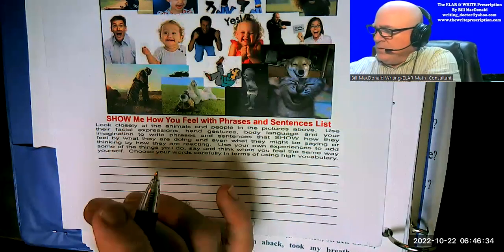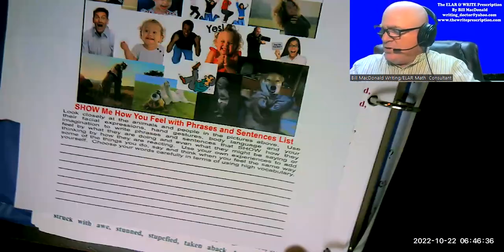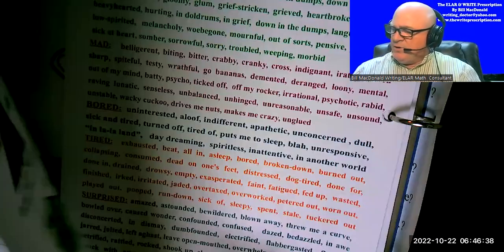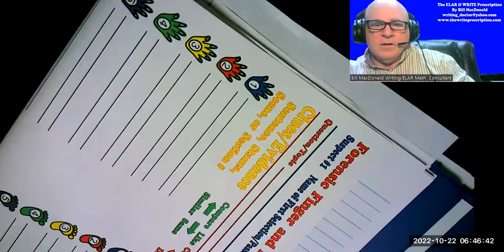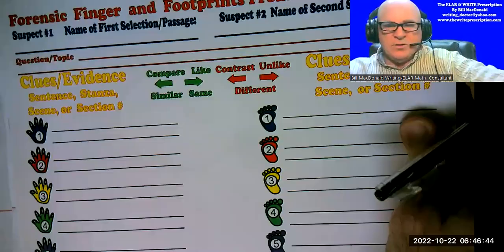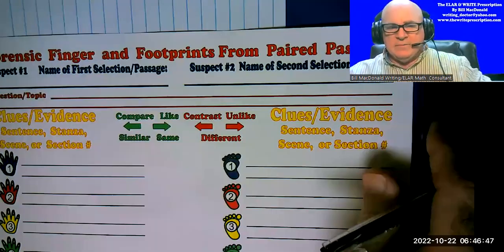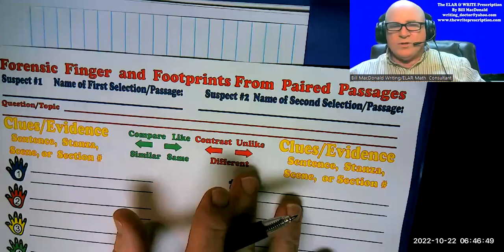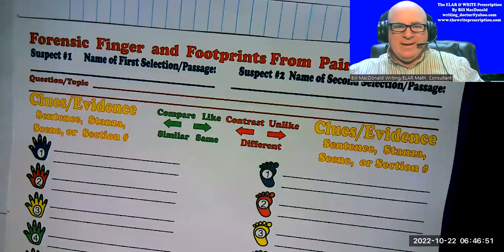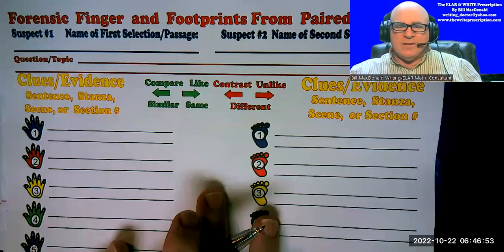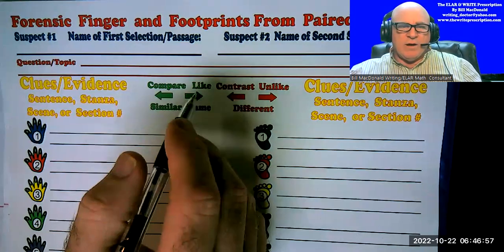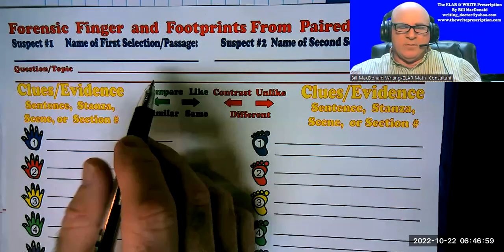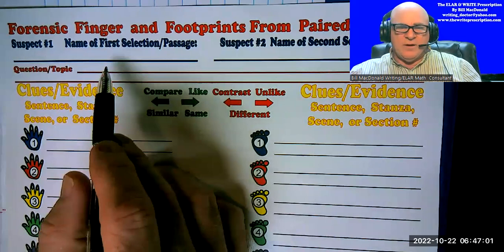Okay. One last thing I want to make sure you understand is that whenever you're doing a passage, you've got to decide which clues and evidence, which examples are the ones that they're asking about. Well, the question said, describe the personalities of Jonathan's friends.